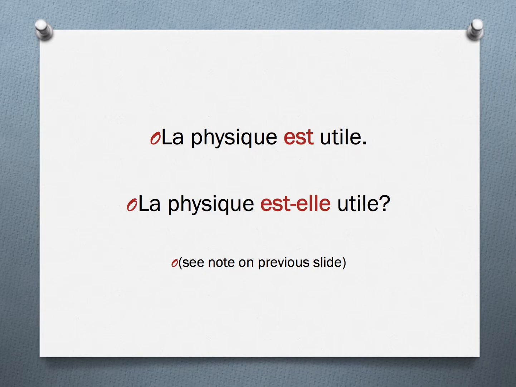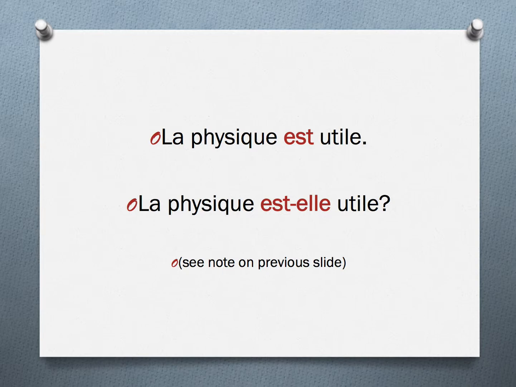More examples. La physique est utile. Physics is useful. Question, la physique est-elle utile? So this is the case where I have a noun in the statement. So I open the question with the same noun, la physique, and then I make the inversion.